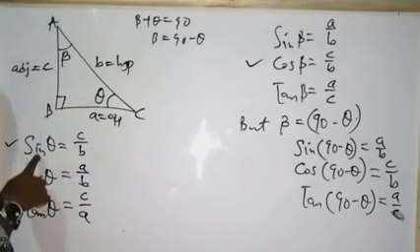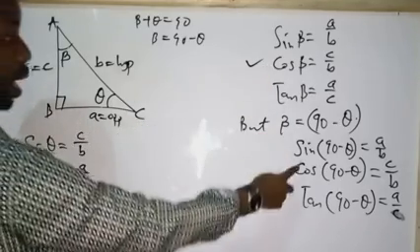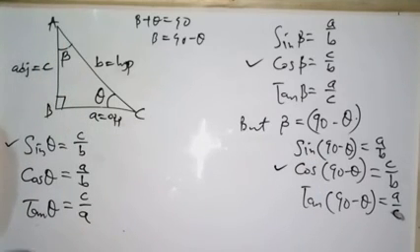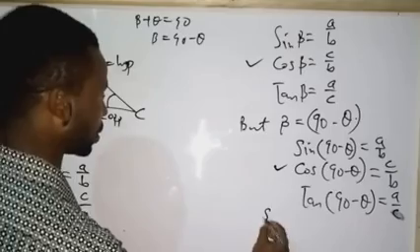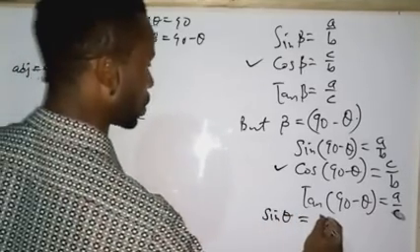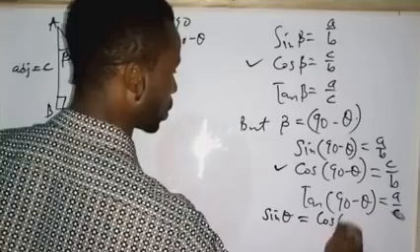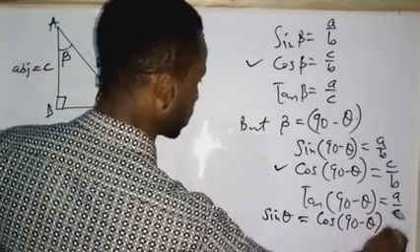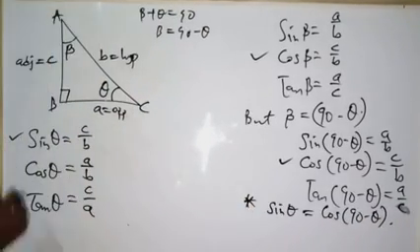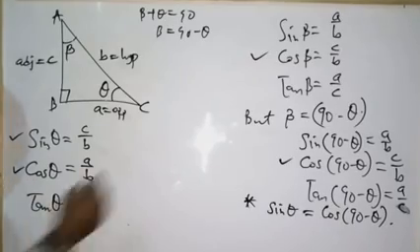That means that sine theta and cos 90 minus theta are the same. So let me write that. Sine theta equals cos 90 minus theta. Take note of this. Now let's look at this again and compare it with this.